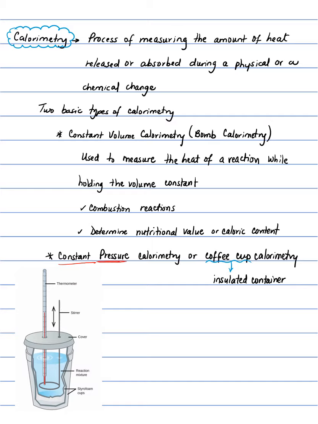The coffee cups are made of an insulator material, styrofoam. That material helps the heat being transferred remain inside of what you have in the coffee cup. It's covered, you have a solution in there, and what we use to determine heat transfer is a thermometer. With the thermometer, we're looking at changes in temperature.